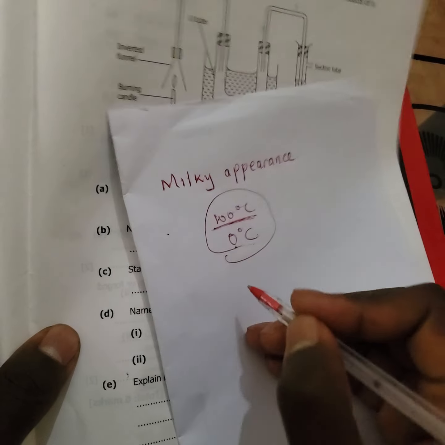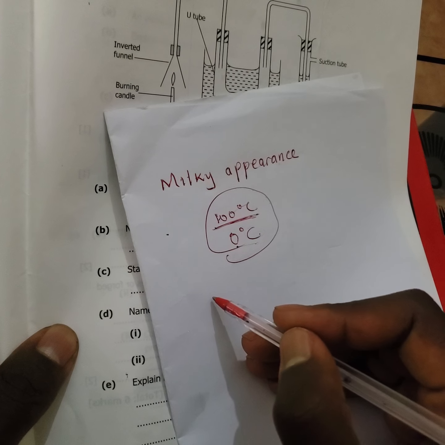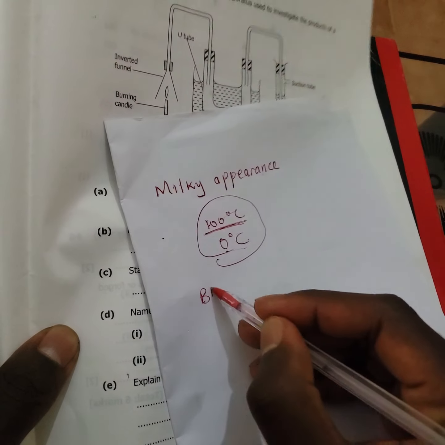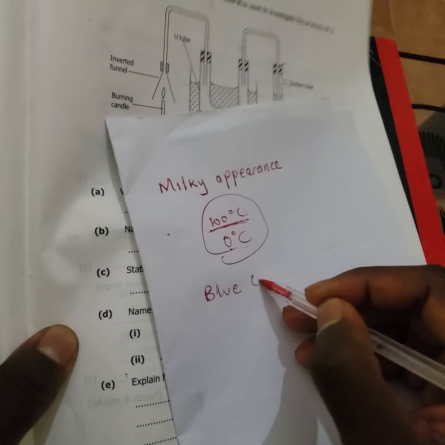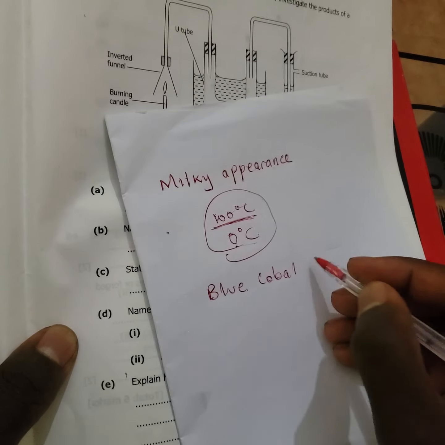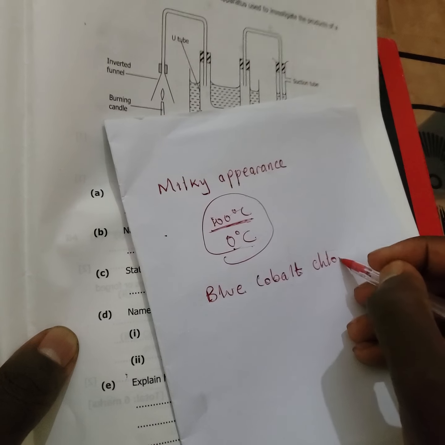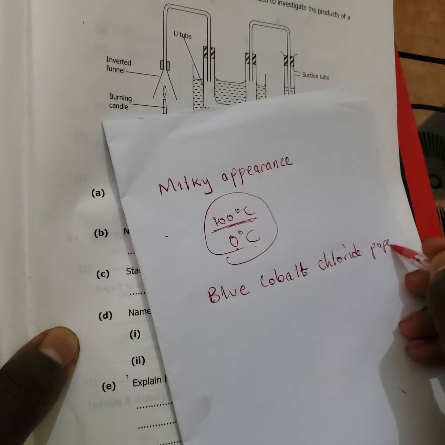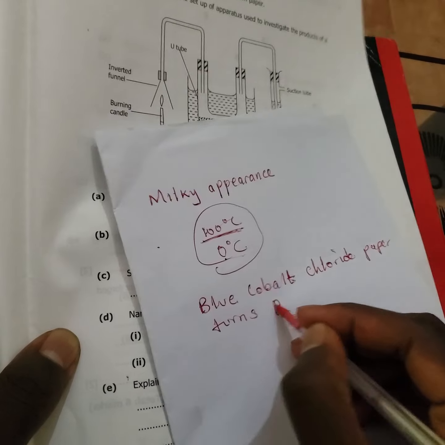The second one is where you use the blue cobalt chloride paper, which turns pink.